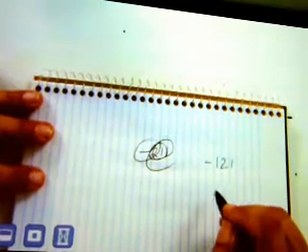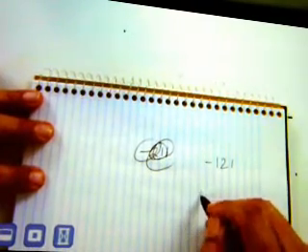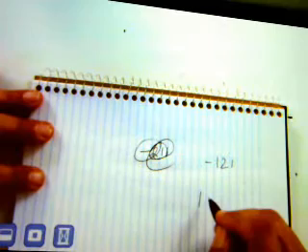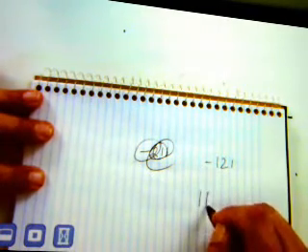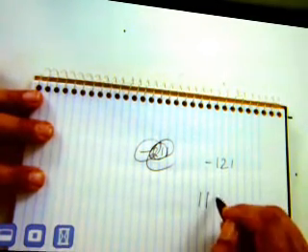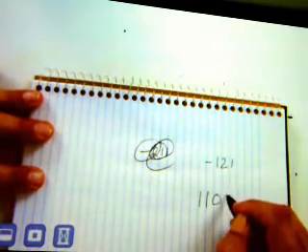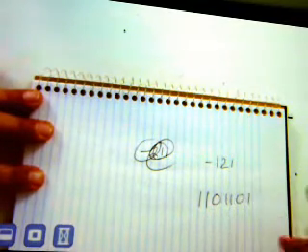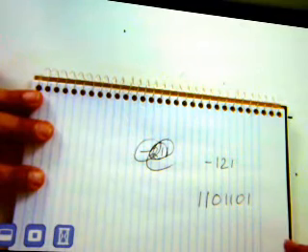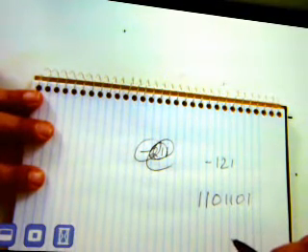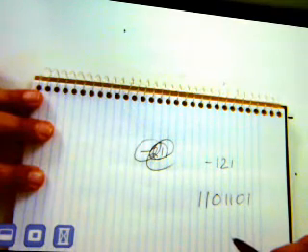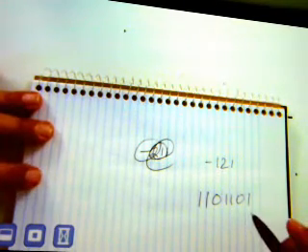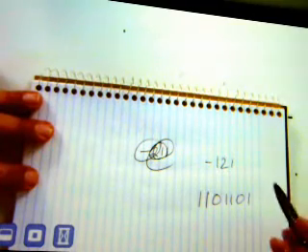Let's see. That is a 64. That is a 32. 0. Is that right? I'm sure I did that right. You got it? It says the answer is 1111001.